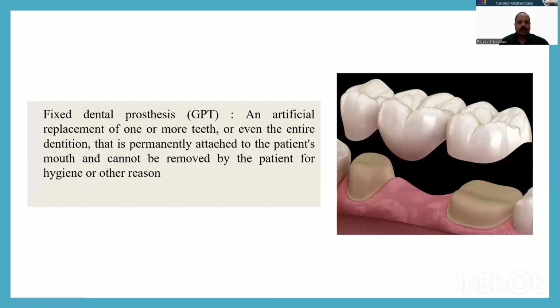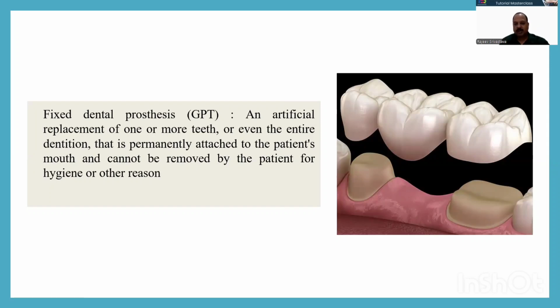To begin with, the fixed dental prosthesis is actually an artificial replacement of one or more teeth, or even the entire dentition, that is permanently attached to the patient's mouth and cannot be removed by the patient for any other reason or for hygiene. And you all know that this fixed partial denture has different components: your pontic, your retainer, and the connector.